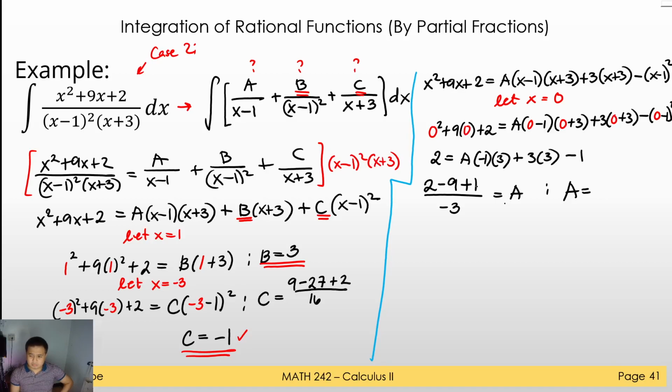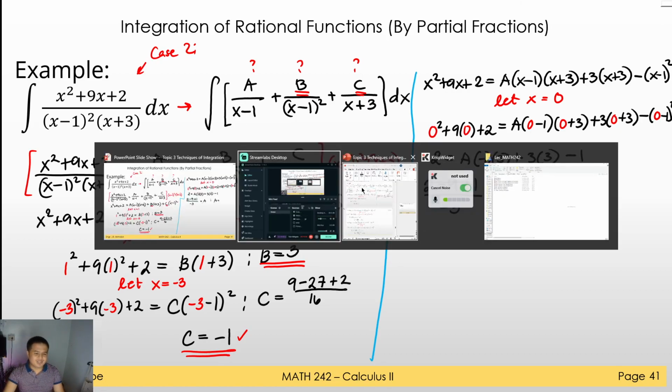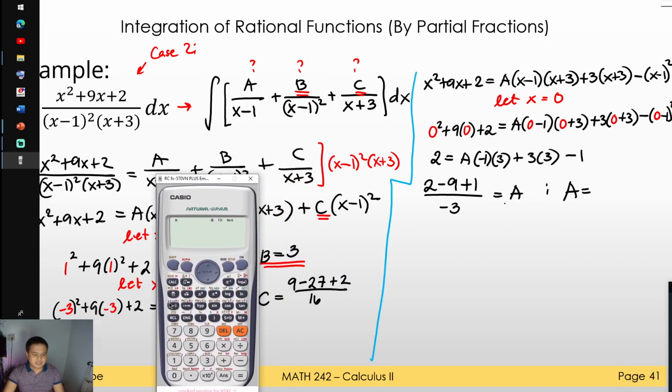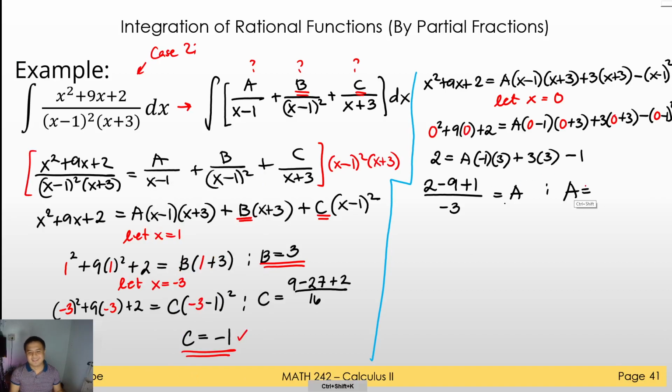Should it be 2? So let's just use a calculator. I'm getting confused. Sorry. So we have 2 minus 9 plus 1 over negative 3. So this is 2. Okay. So we use a calculator for just that.